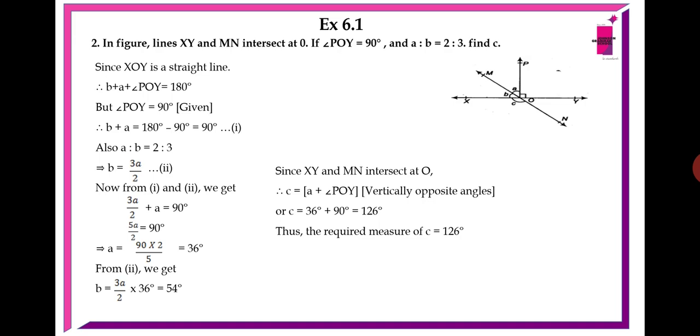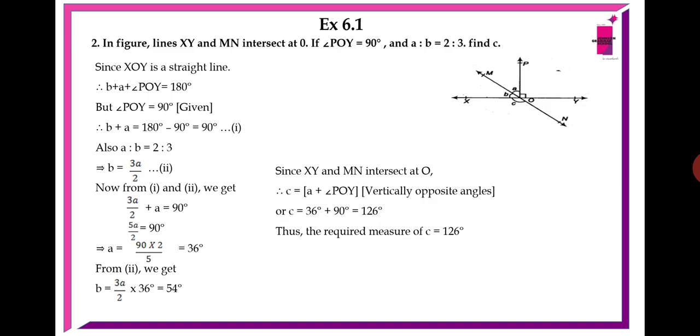Then a equals 90 into 2 by 5, which equals 36 degrees. Now a value is 36 degrees and b value is 54 degrees. It is not compulsory to find the b value, but you can find either the b value or the a value, so that you can find the value of c.